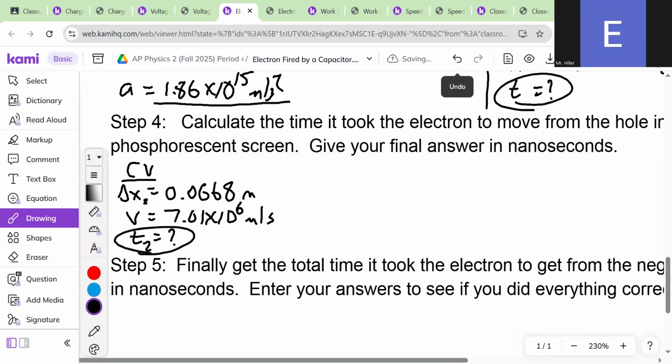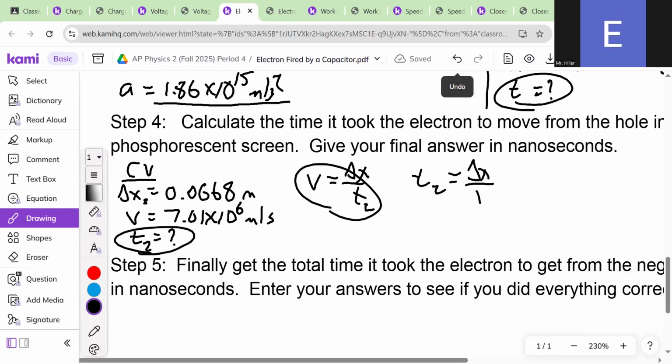Okay, now velocity equals displacement over time. So to solve for time, we switch that out: displacement over velocity. So 0.0668 meters over the velocity, which was 7.01 times 10 to the sixth meters per second.